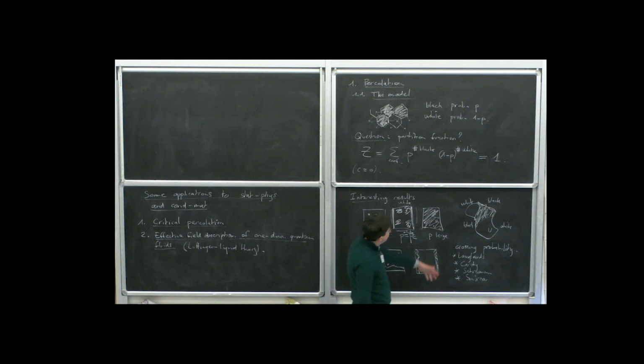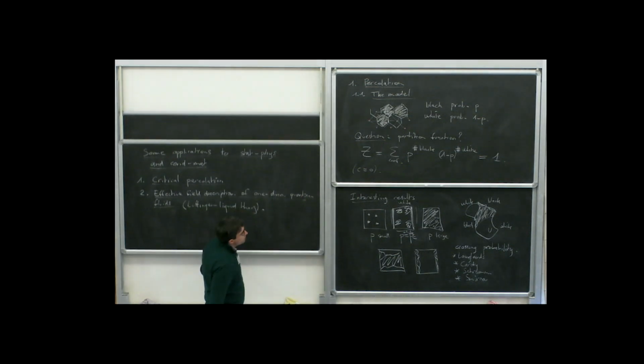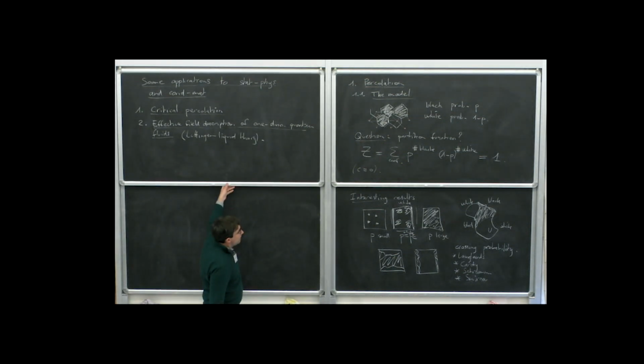So it's such a simple model, but there are so many interesting things to say about it that it's really a topic that has attracted the attention of some of the greatest minds in the past 50 years.